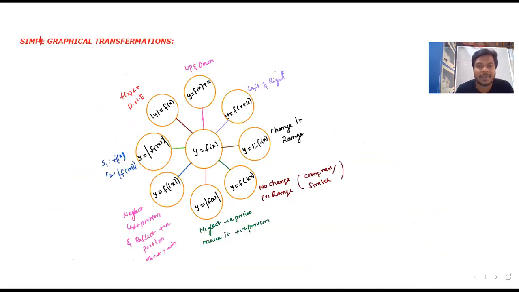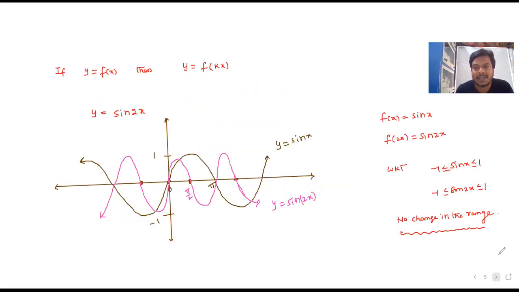Next graph, k into f of x. Nothing but there is a change in the range. Next, f of kx. That means no change in the range, but the graph may compress or stretch. Observe the graphs. Here, when you draw the sin 2x graph, it compresses. When you draw the graph of sin of x by 2, then it stretches.